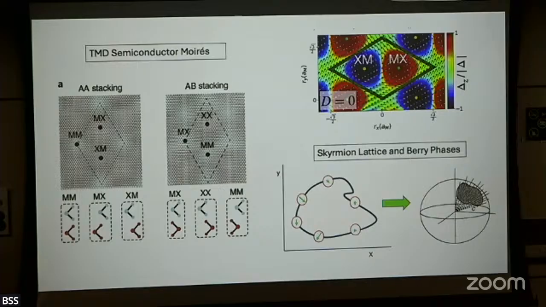And so as a function of 2D space, I'll get a Berry phase if I go around a closed path. If I go around the unit cell, I'll have 2 pi Berry phase in each unit cell. And remind me, your question again was whether it's connected to anything.